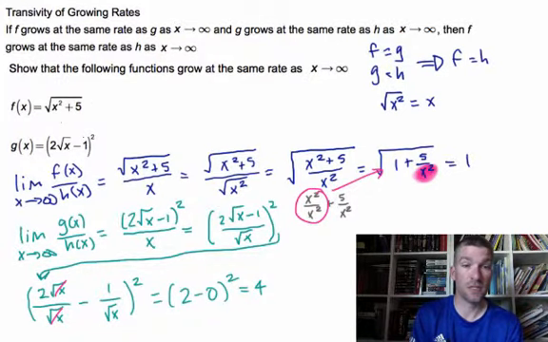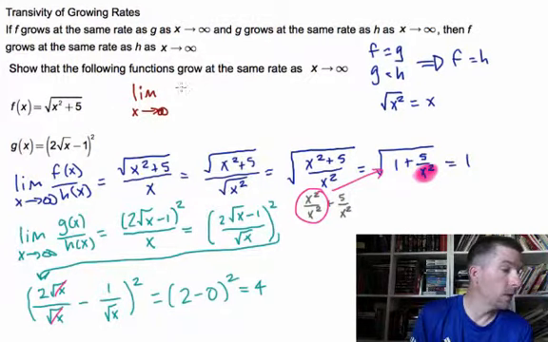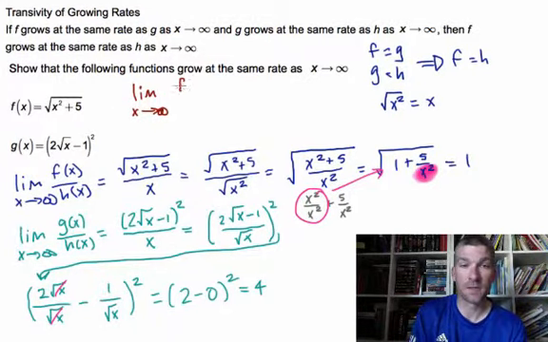Well, let's talk back about our basic thing. We wanted to show that these two functions grew at the same rate. So now we can look at the limit as x goes to infinity of f of x over g of x.